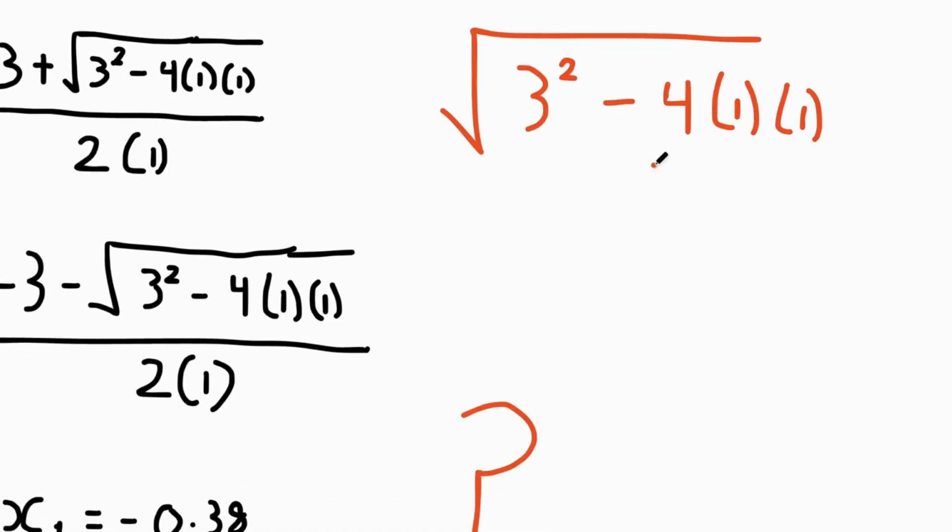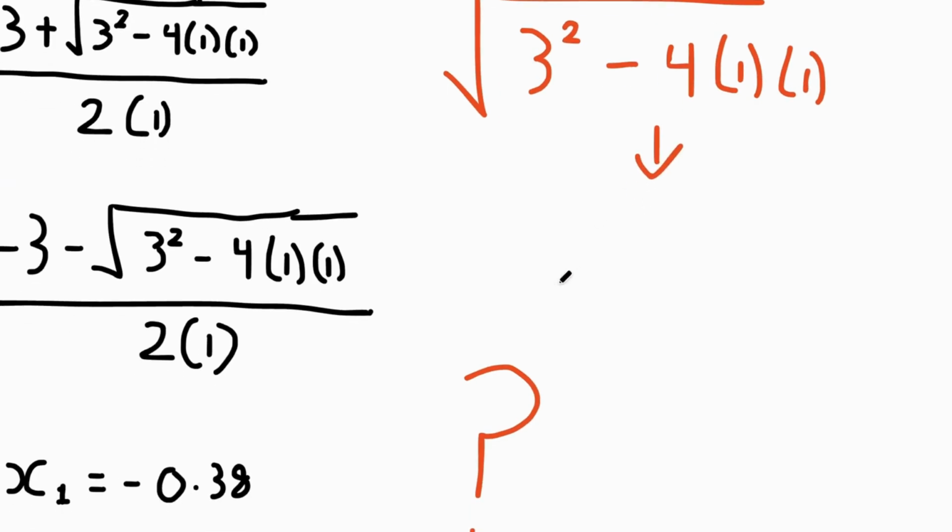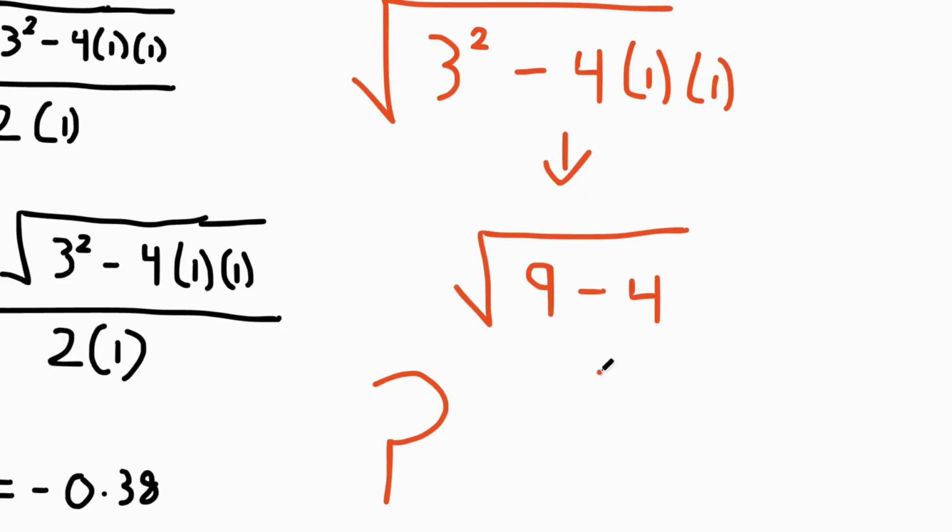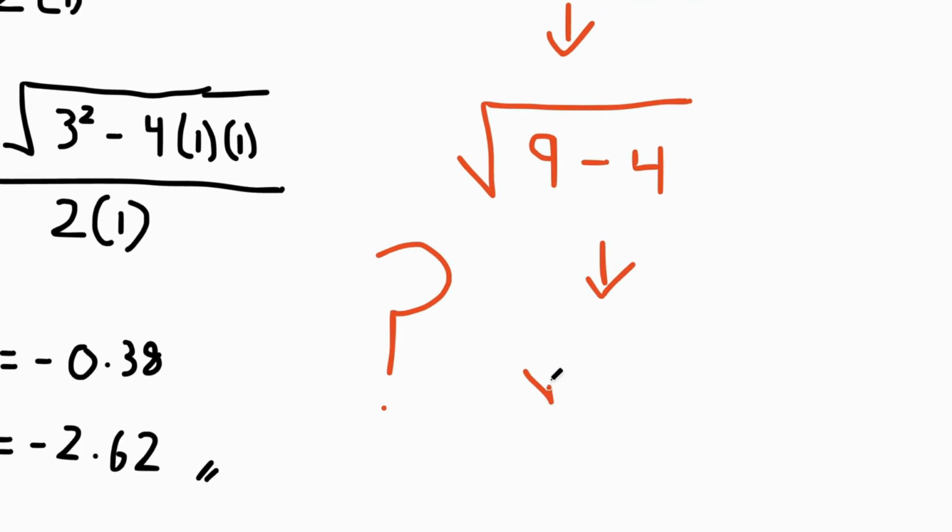And with the demonstration one that we had here, I'm just rewriting it out fully. The square root of 3 squared minus 4 times 1, which is the same as the square root of 9 minus 4, which, voila, is the same as the square root of 5, one of the most common irrational numbers.